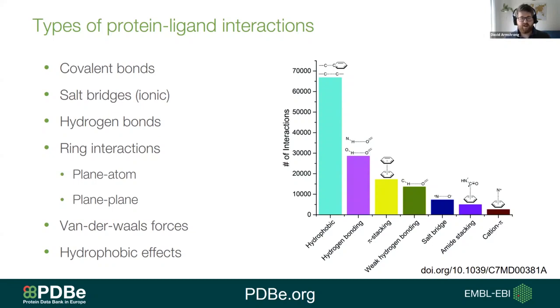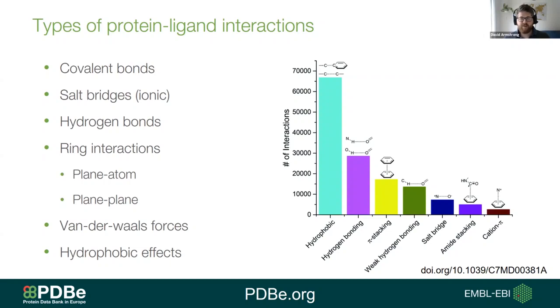Otherwise, all the others are non-covalent interactions, such as salt bridges and hydrogen bonds. There are ring interactions, and also van der Waals forces and hydrophobic effects, which obviously drive protein folding, but are also very important in interactions of ligands with proteins.